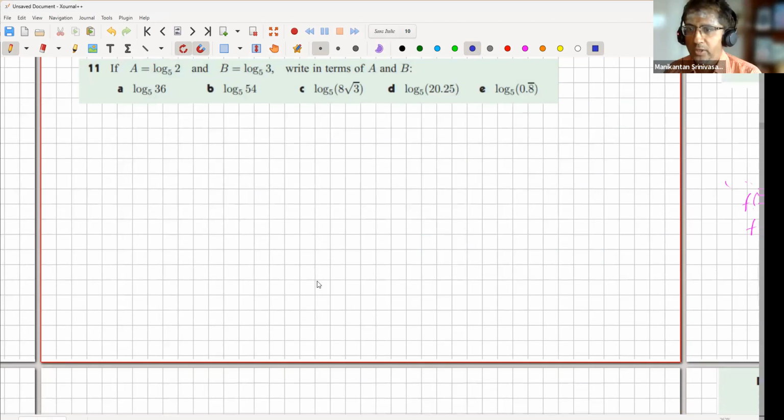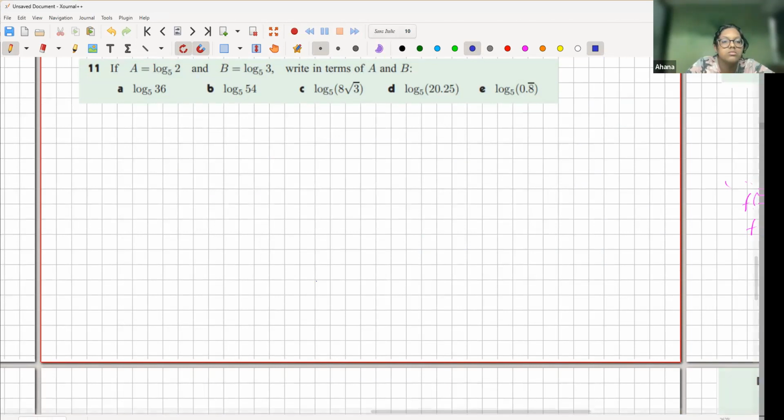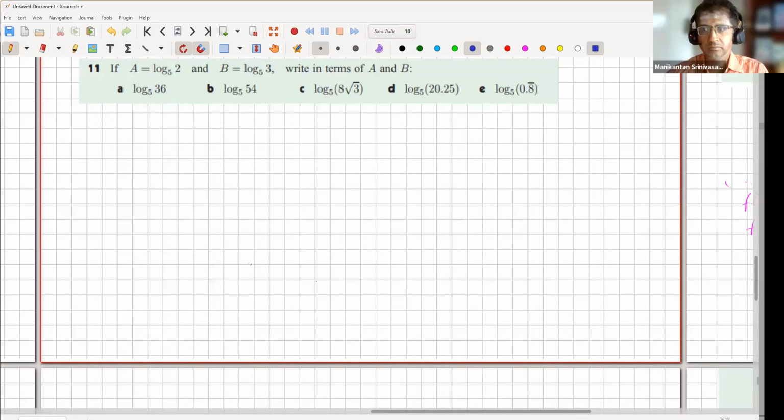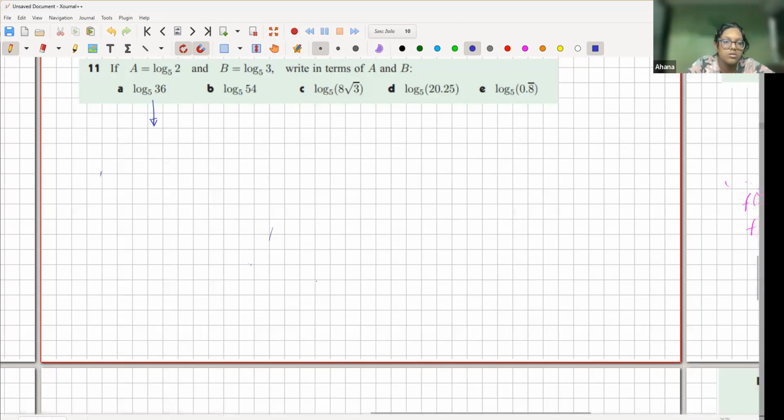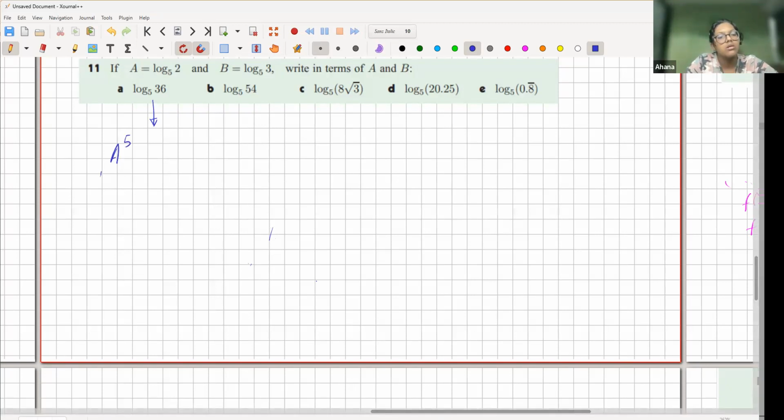Log 36 to the base 5. Who wants to go? Ahana. So if it is a to the power 5 plus a square... Way off.